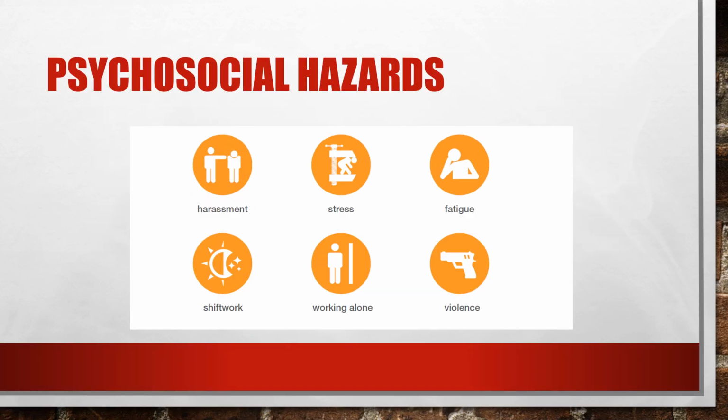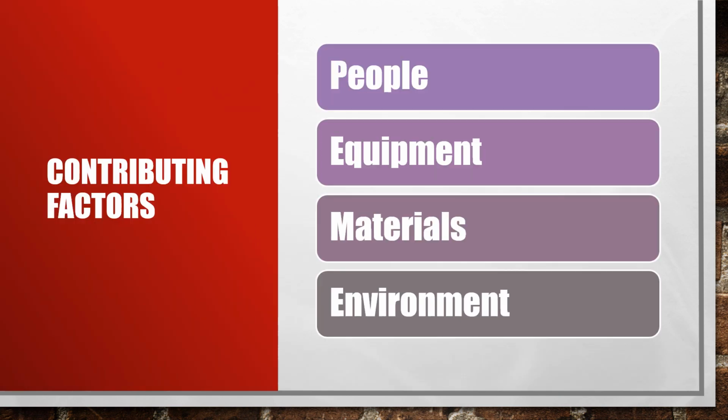Psychosocial hazards are aspects of work which can affect workers' emotions, behavior, biochemical, or neurohormonal balance. It is the interrelationships between the individual's thoughts and behaviors and their social environment. There are 4 main contributing factors to how hazards impact a workplace and the workers: people, equipment, materials, and environment. Each of these factors contributes to a hazard being present.